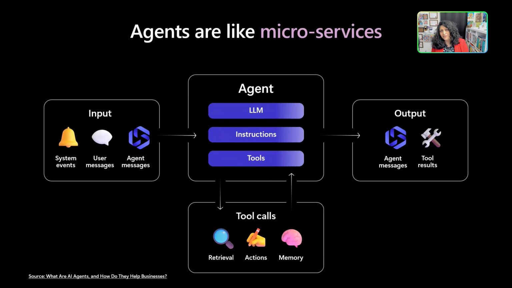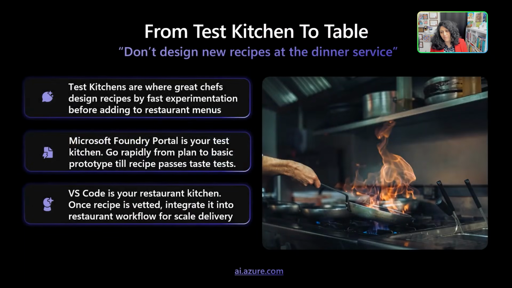And what we want to do is talk to you about an analogy. You need a test kitchen where you can quickly prototype out these little agents before you put them into production. And that's the analogy we're using today. How do you go from test kitchen to table? Think about your AI application, or your AI solution, as the equivalent of a multi-course dinner menu at a very popular restaurant.